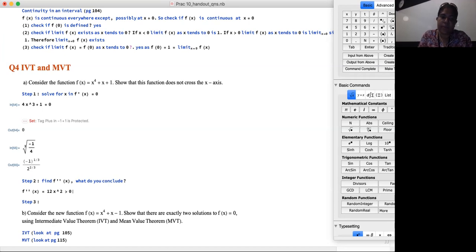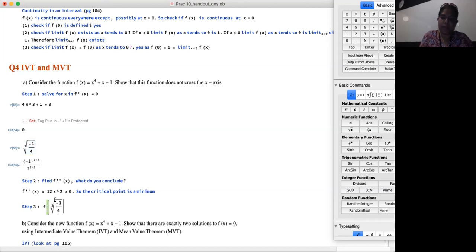It is a minimum. Now find f of your critical point. What is it?